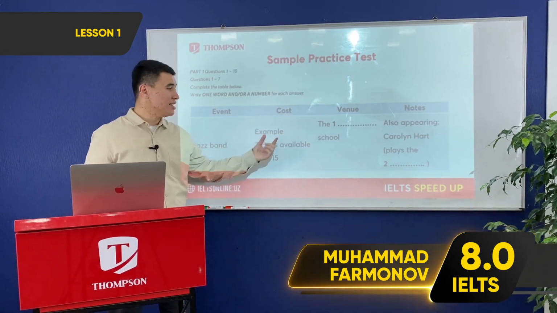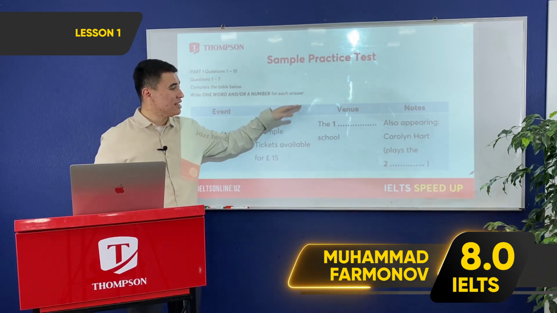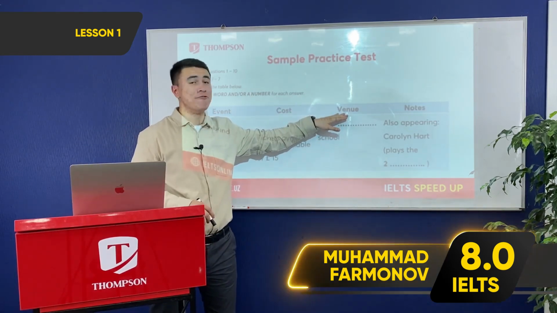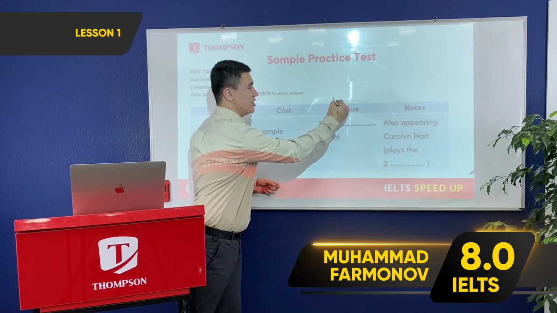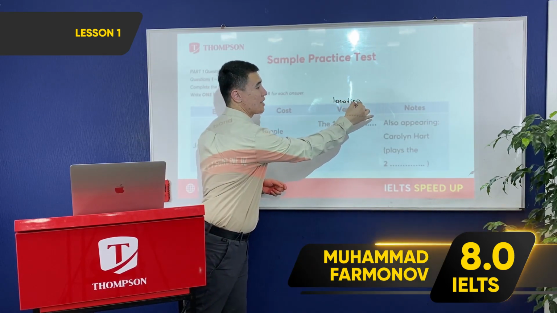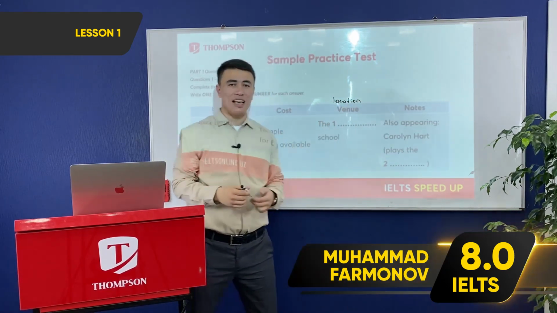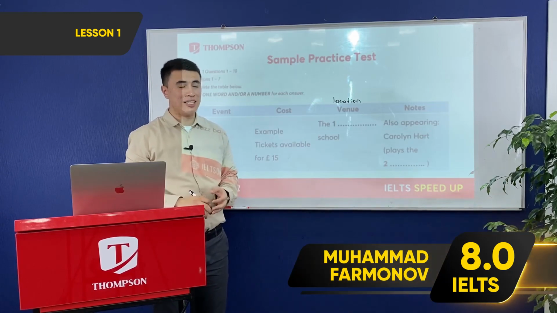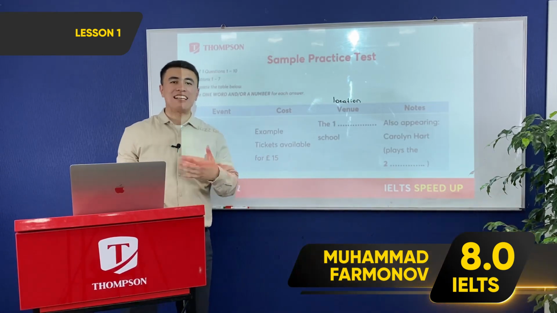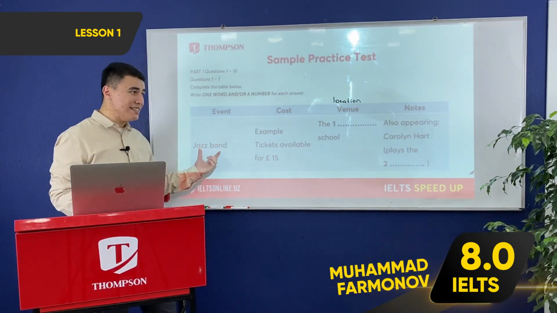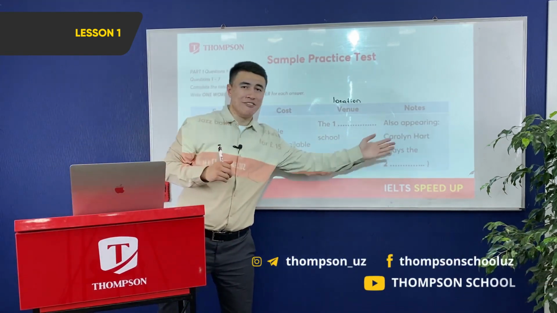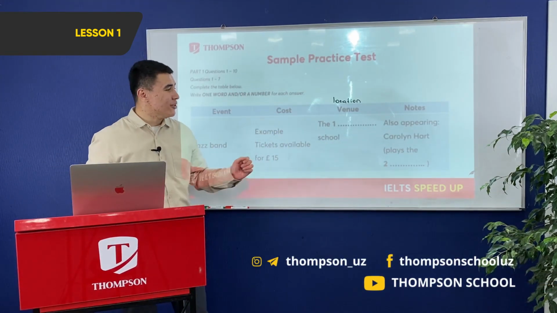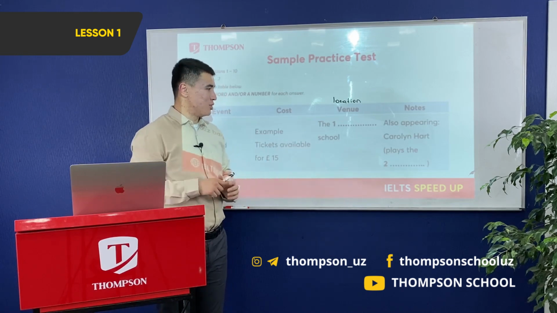In the next one, this is going to be cost. The third one is going to be venue, so it's going to be location. And of course, the last one is notes, meaning that all the extra information about this event will be given at the end.